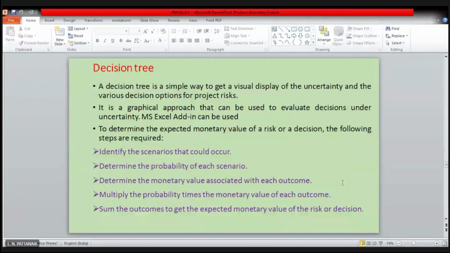That is the impact, cost impact. Multiply the probability times the monetary value of each outcome. We already know EMV. Sum the outcomes to get the expected monetary value, that is the EMV of the risk or decision. Very similar. So here the only thing is that you have multiple options you can include. So that makes it look like a tree.